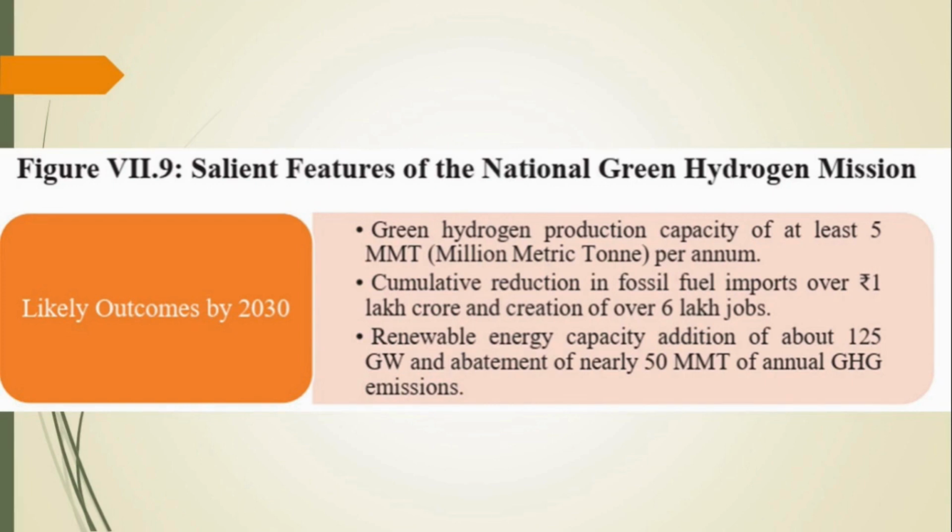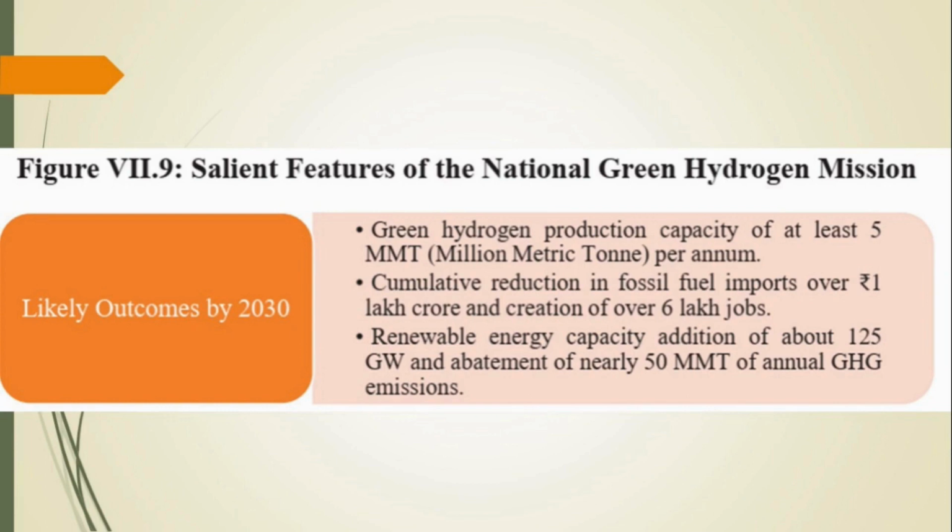This is a huge target, okay. How much do we want to reduce the consumption of fossil fuel in terms of economic cost? 1 lakh crore, and we are going to create 6 lakh jobs, okay, by 2030. Renewable energy capacity addition of about 125 gigawatt and abatement of nearly 50 million metric tons of annual greenhouse gas emissions.